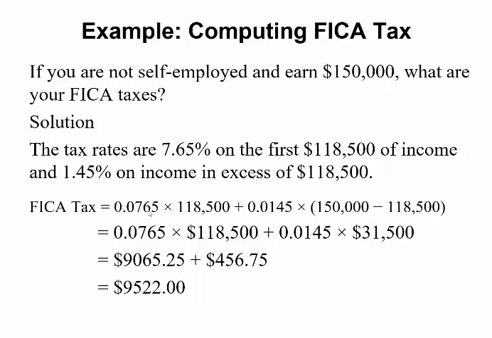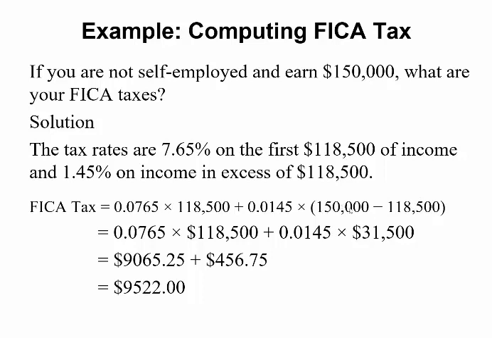You change this to a decimal, so you take 0.0765 times 118,500, plus this 1.45%, changed to a decimal, 0.0145. You multiply that by, well, you made 150,000, but you have to subtract away the money you've already paid taxes on, because you don't have to pay double taxes, right?